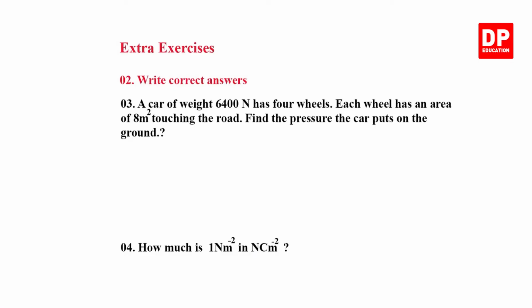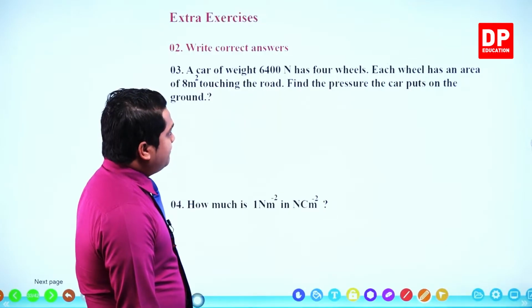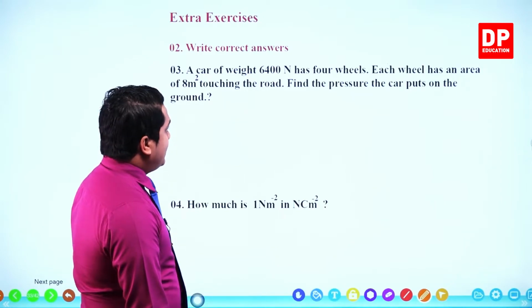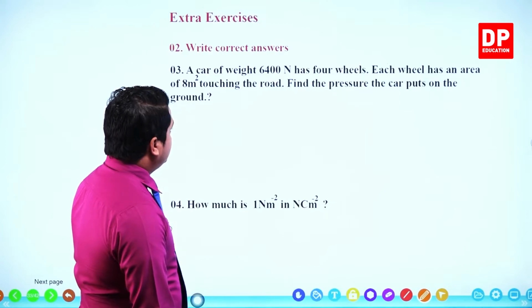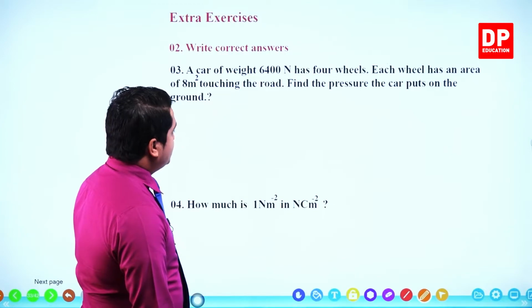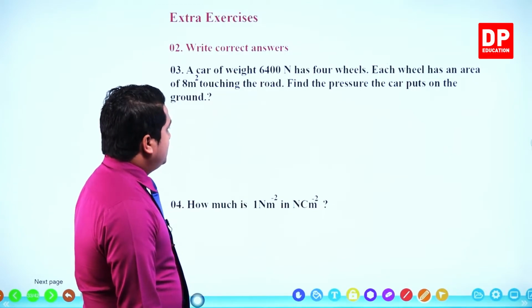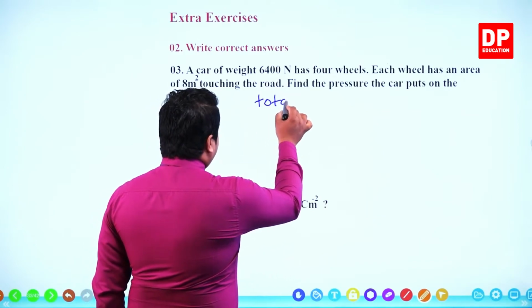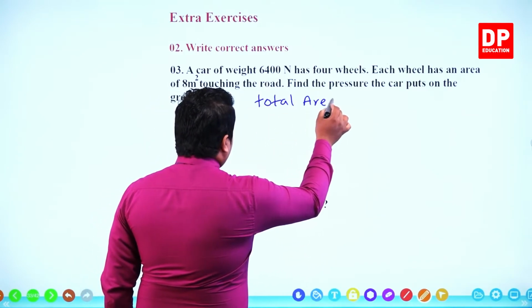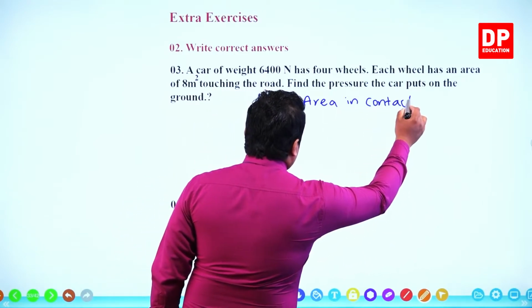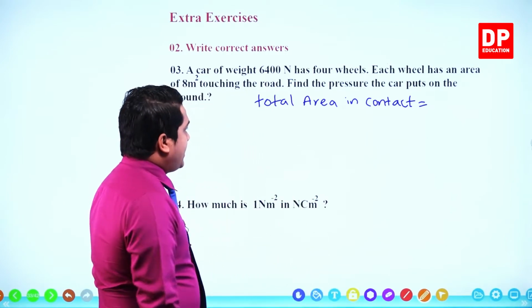A car of weight 6,400 Newton has 4 wheels. Each wheel has an area of 8 square meters touching the road. Find the pressure the car puts on the ground. So first of all, we'll calculate the total area in contact.